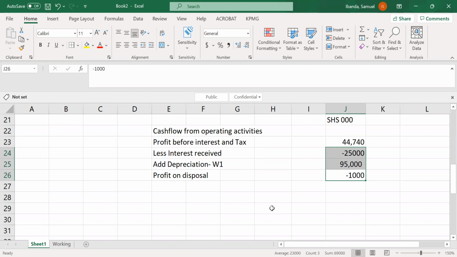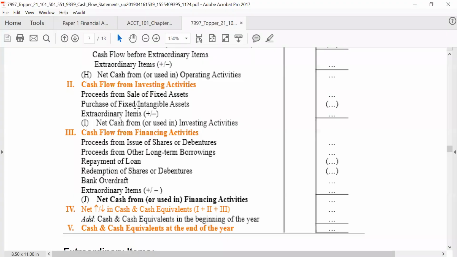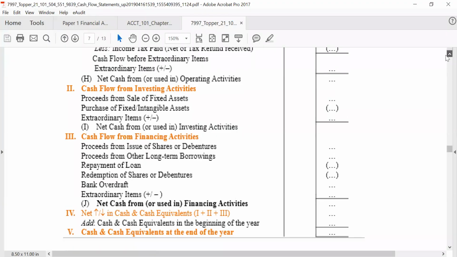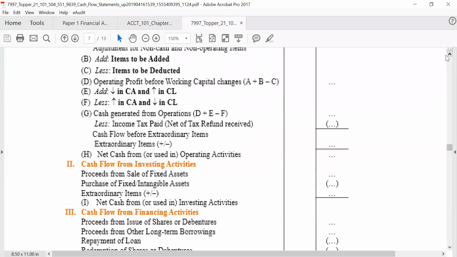So I'm going to go ahead, like what we said here, that after we have adjusted, we get what we call operating profit before working capital changes. That's what you basically call it, and then you work on the working capital changes. So that's the same thing I'll call it.